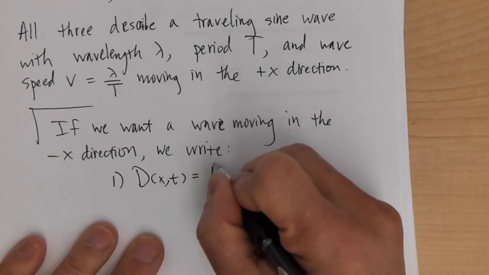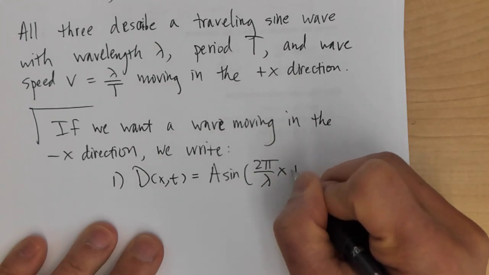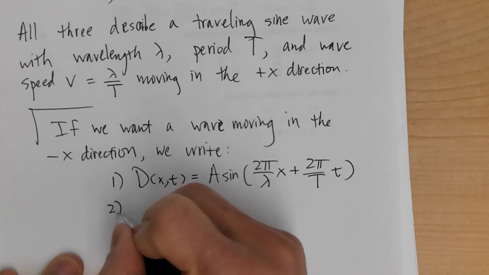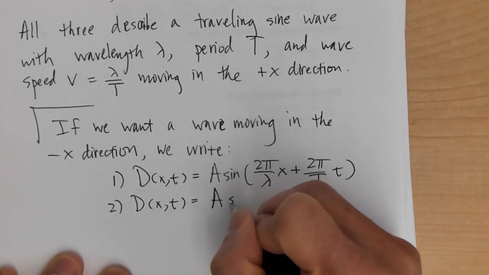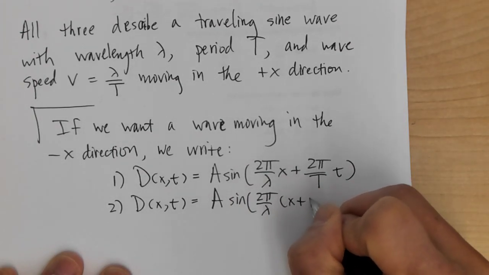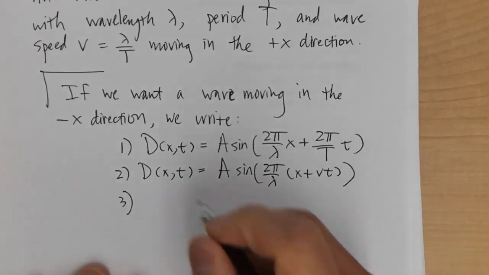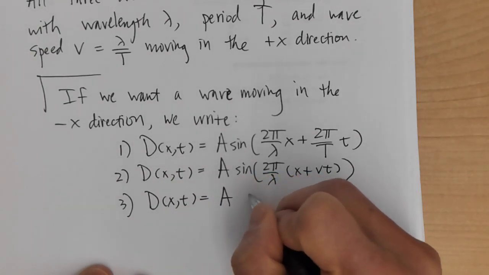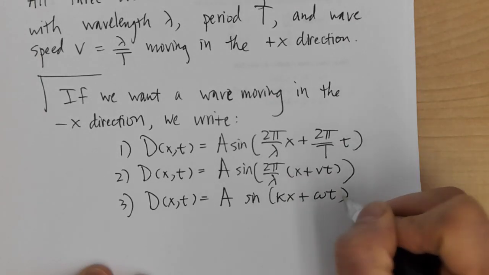So 1, d of x and t is A sine of 2 pi over lambda x plus 2 pi over T times t, or 2, d of x and t is A sine of 2 pi over lambda times x plus v times t, or 3, d of x and t is A sine of kx plus omega t.